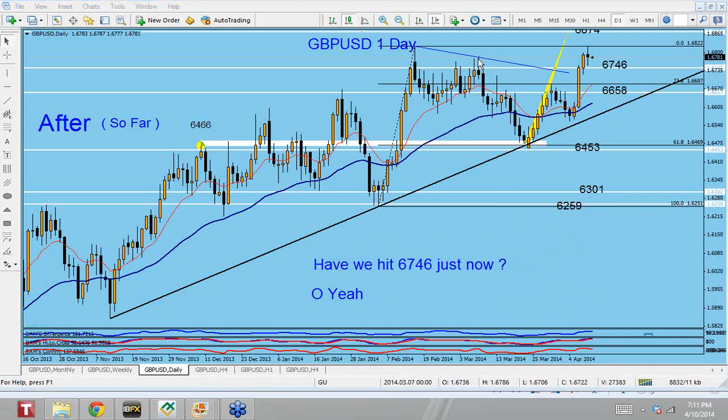So long wicks, basically equal length or very close to each other, and especially at the level. This is the big level, 6746. If you have something poke into this like that, it's a solid goal. Let me show you where the 6746 is if you don't know where it is.